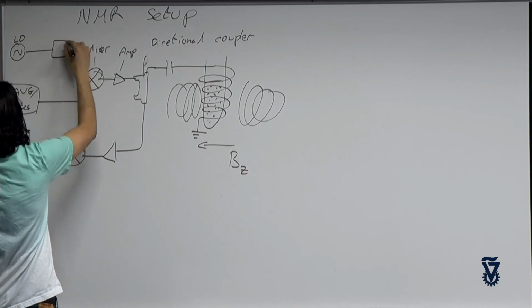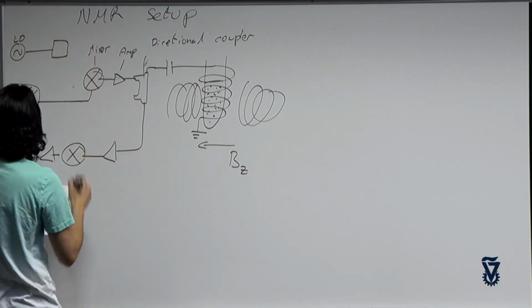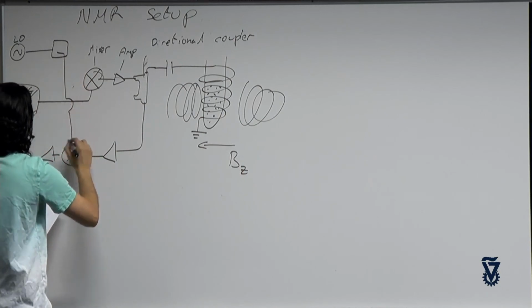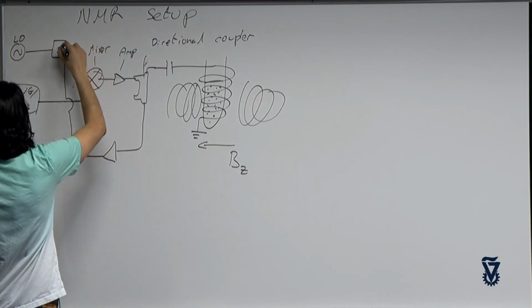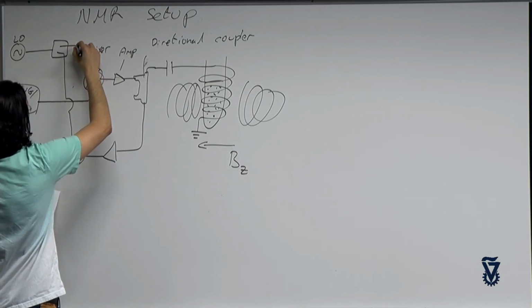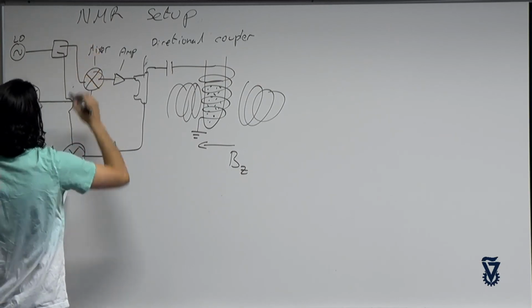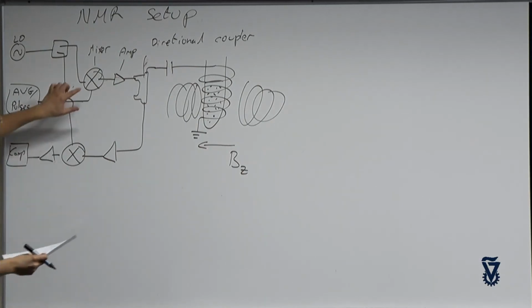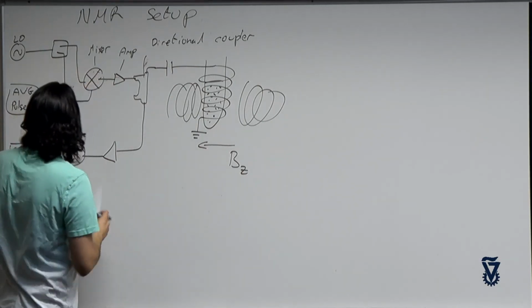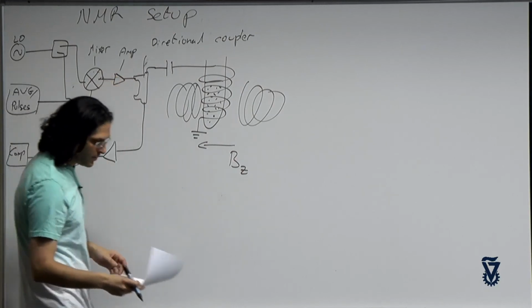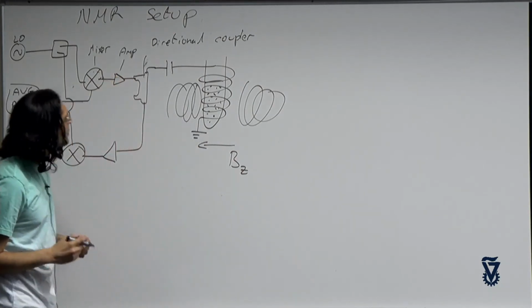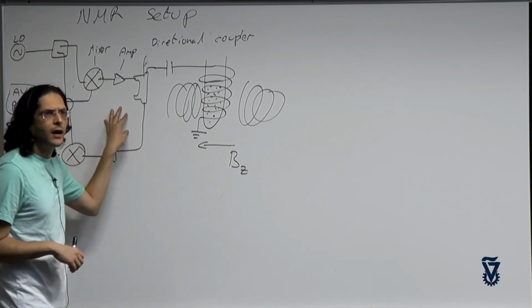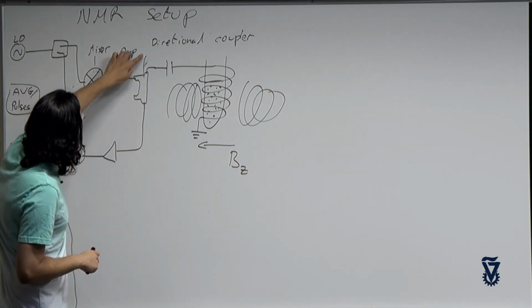This local oscillator is going to be split two ways: once going into here, and two, into the mixer. So this is the setup. And now let me explain what is going on here and how you generate pulses. Stop me for questions, okay, if you need.